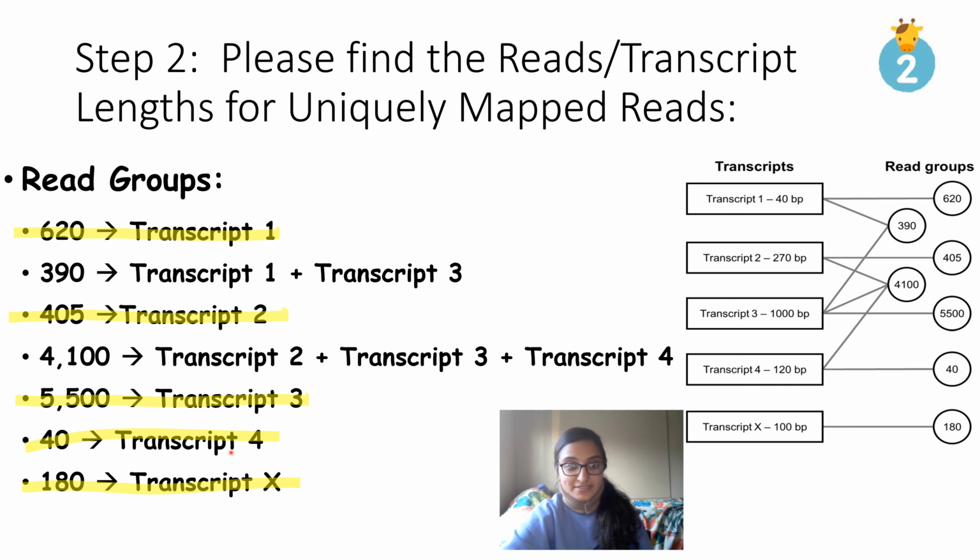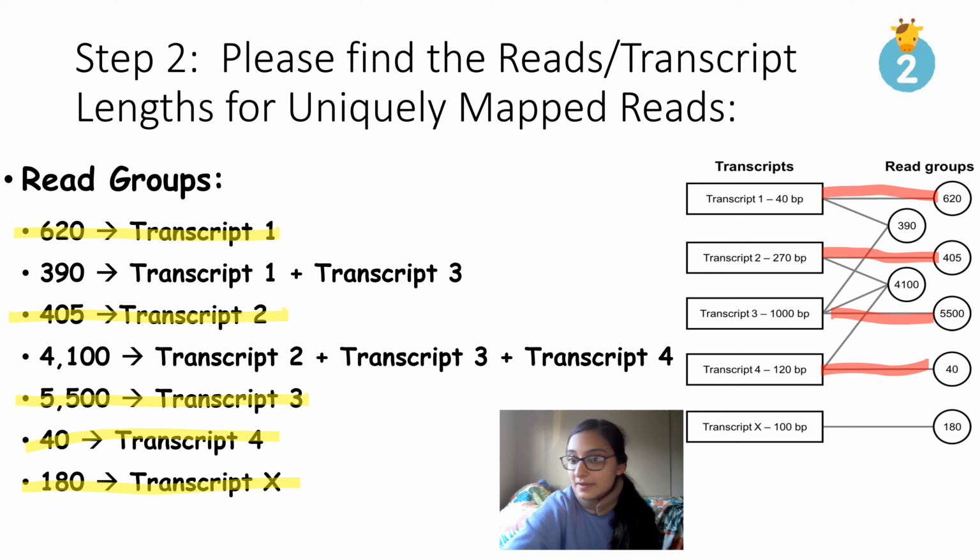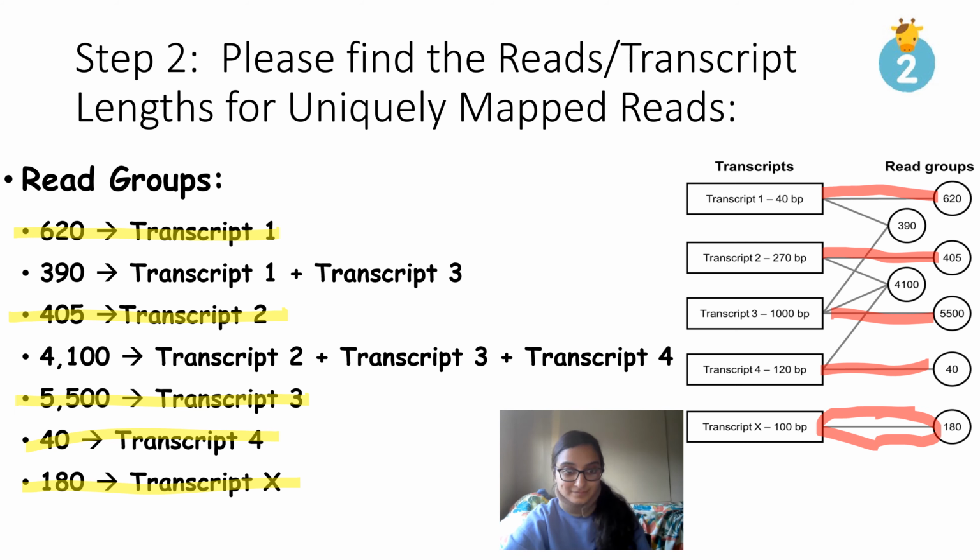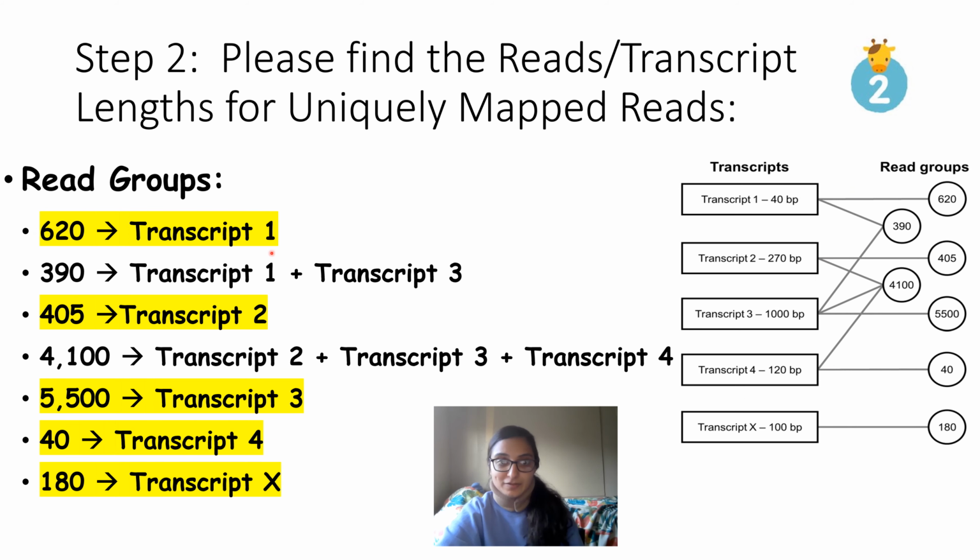That means they belong to just 1 transcript, just 1. So these are all just having 1, 1, 1, 1, 1, and 1. That's where we get these from, and that's where you'll see that we will just focus on these.